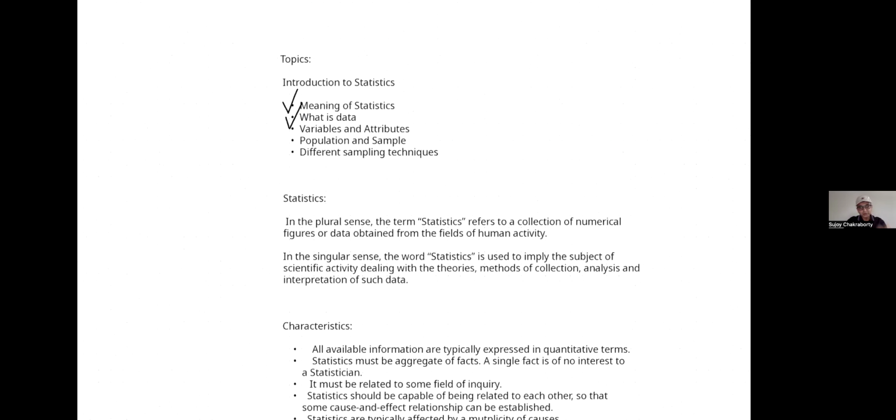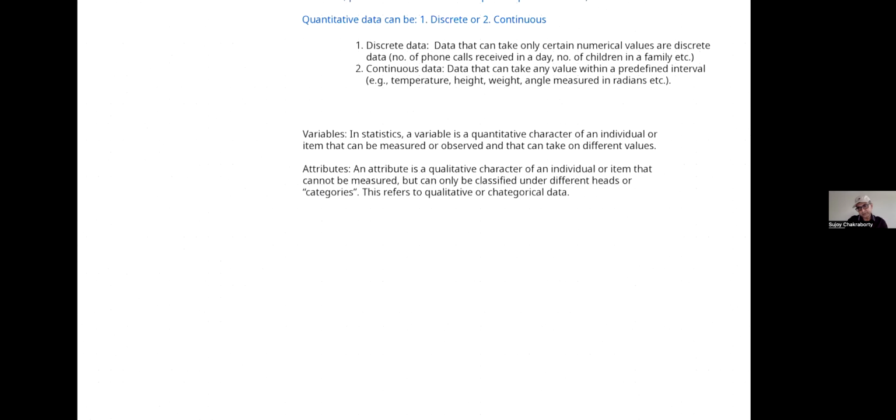Now let's talk about, depending upon the source of data, data can be classified in two different categories. One is what we call the primary data, and the other is secondary data.